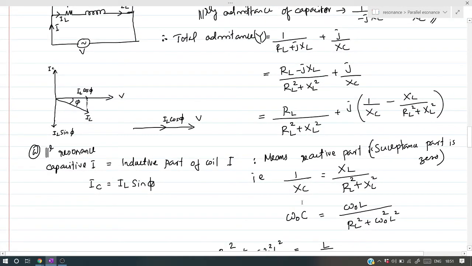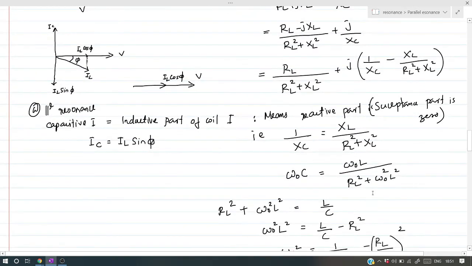What is 1 by XC? That is omega 0 C corresponding to resonance condition. Omega 0 is resonance frequency, and XL is omega 0 L upon RL square plus XL square, that is omega 0 square L square. Now we can cross multiply.